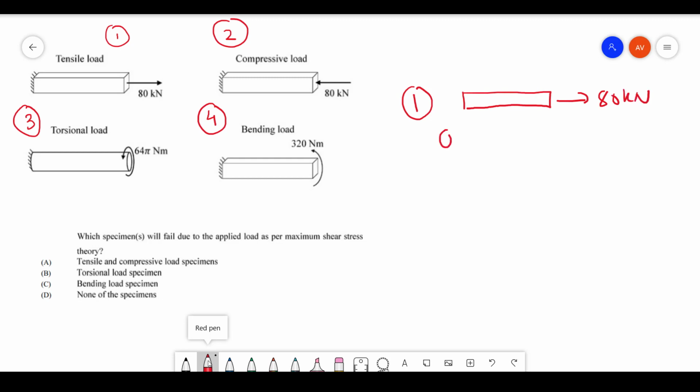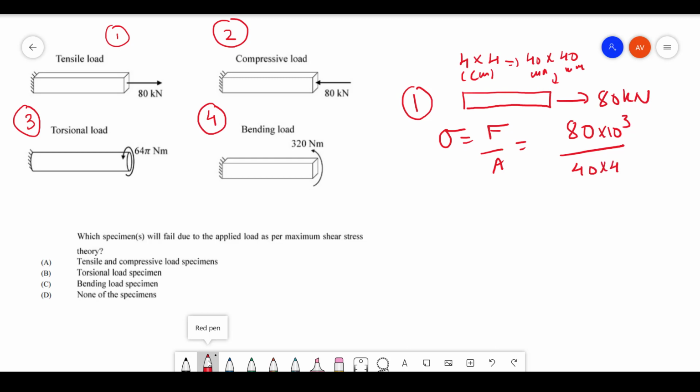So your stress is given by F by A, which is 80 into 10 raised to 3 by your area. Your area was given by 4 centimeter by 4 centimeter, right? Converting it into mm, you get something like this.